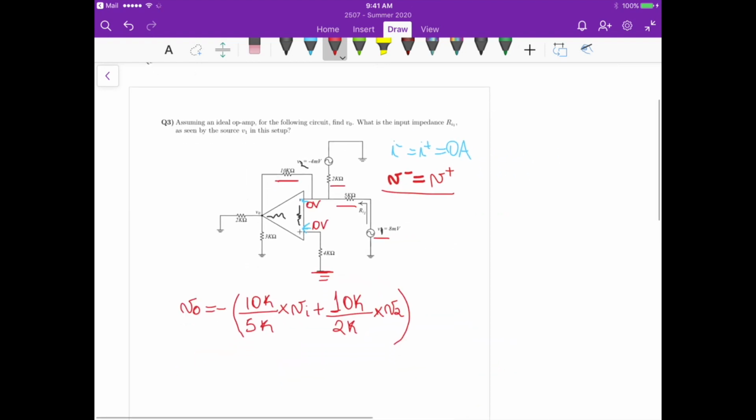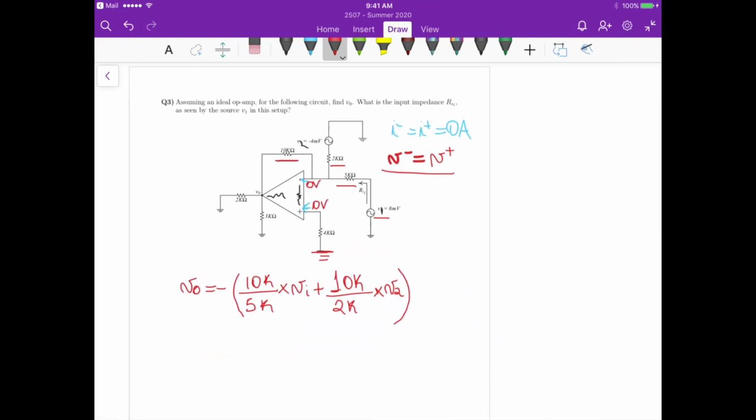If we substitute the values of V1 and V2, we get V out equals minus 2 times V1, which is 8 millivolts, plus 5 times V2, which in our case is minus 4 millivolts.